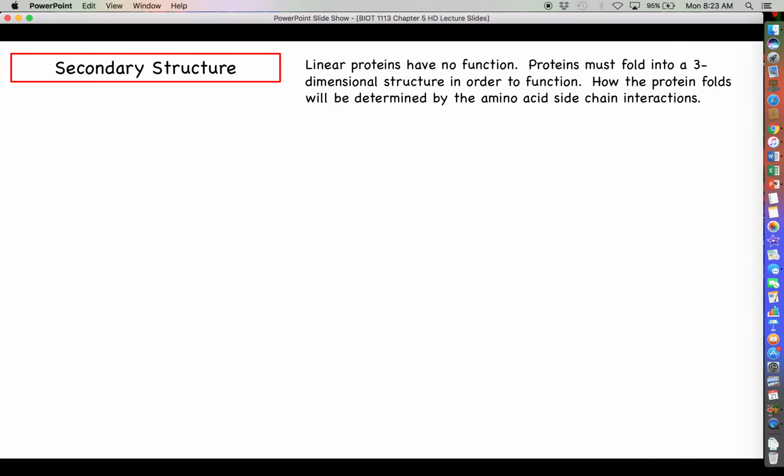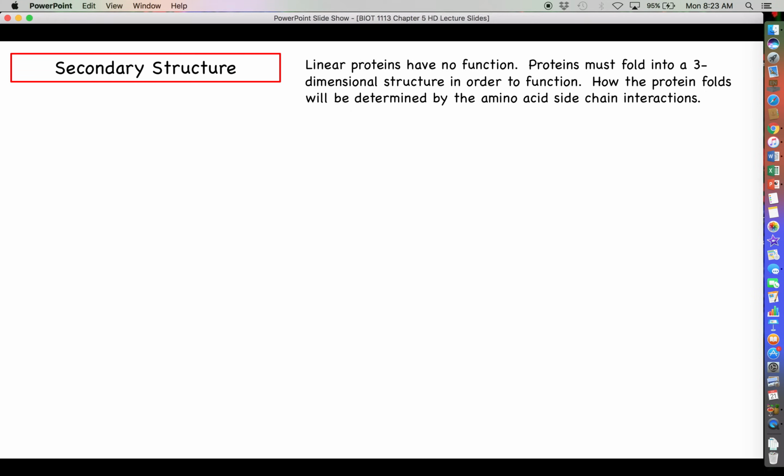Okay, so the primary structure of a protein essentially is just a linear straight chain of amino acids, but the problem with that is that linear proteins don't have any function. So if you take a protein and you just stretch it out in a big straight chain from N-terminus to C-terminus, that protein's not going to do anything for you. So in order to function, proteins are going to have to fold into a mature three-dimensional structure.